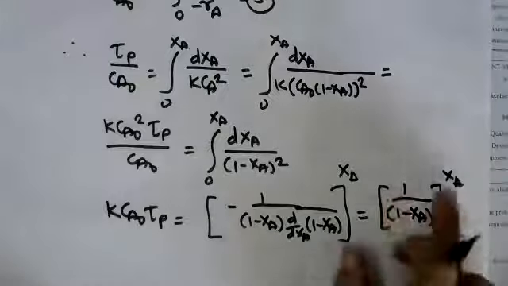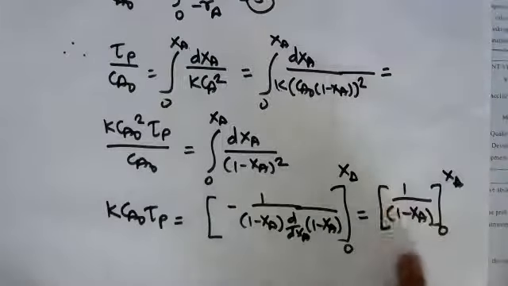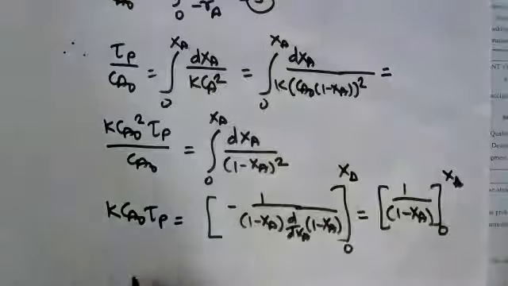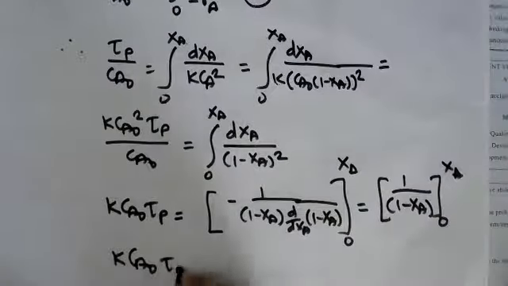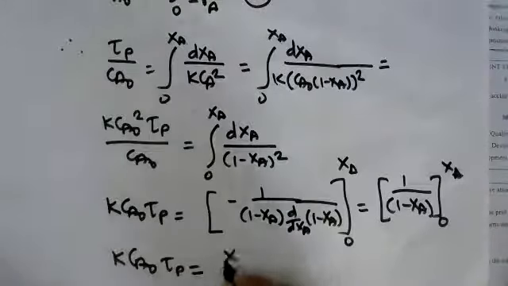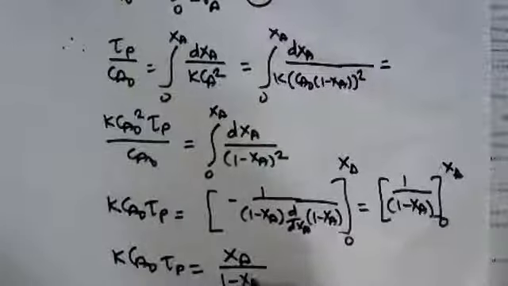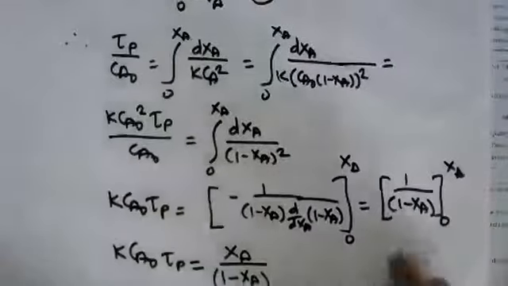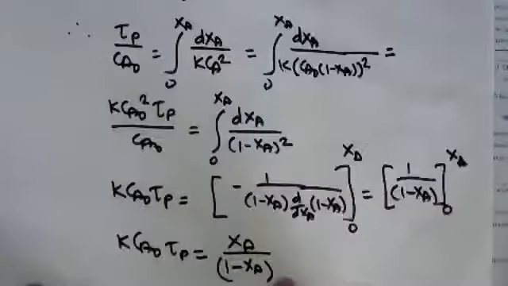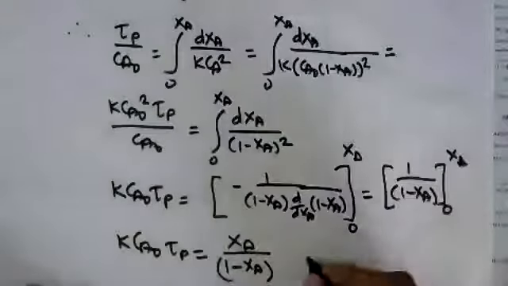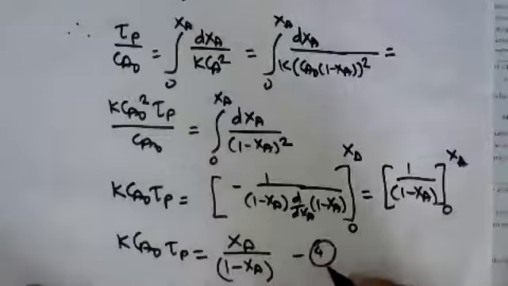If you substitute the limit and simplify, what you will get is k CA0 tau p is equal to xa upon 1 minus xa. This is equation number 4.